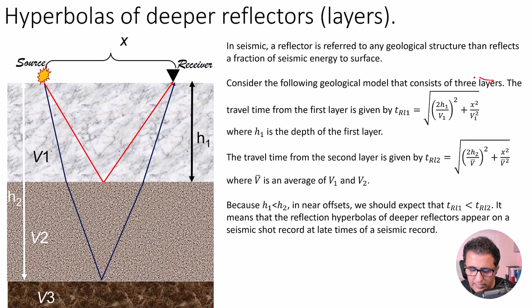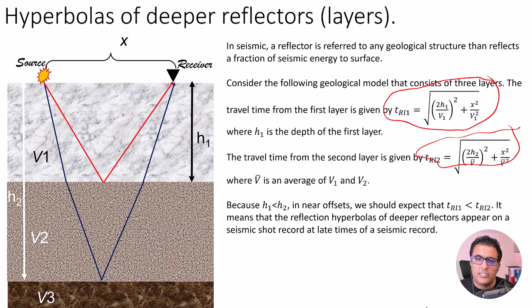This equation shows the travel time for the first reflection event, and the second equation shows the travel time for the second reflection event.